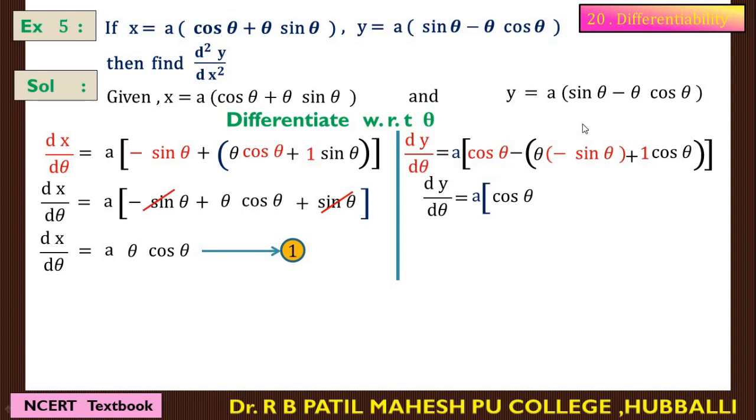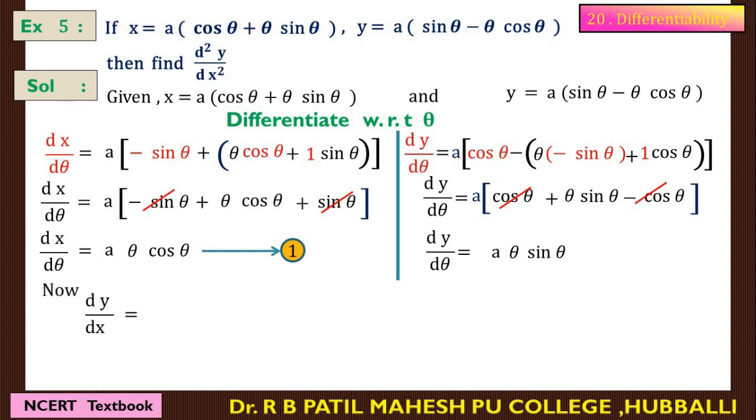Minus multiplied to the bracket, you will get minus into minus, plus theta sin theta, and minus into this plus becomes minus cos theta. Here cos theta and minus cos theta get cancelled, you will get the function a into theta sin theta. So here we got dx upon d theta and dy upon d theta. You know how to find the dy by dx function.